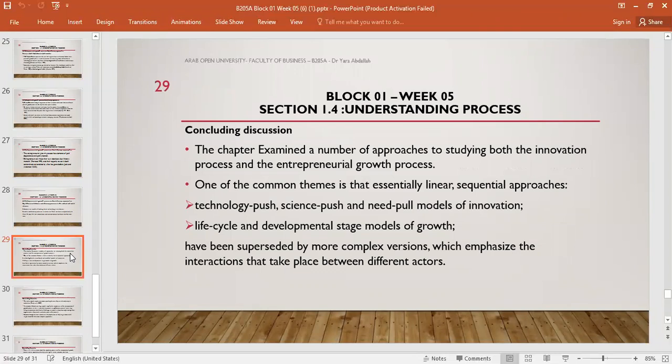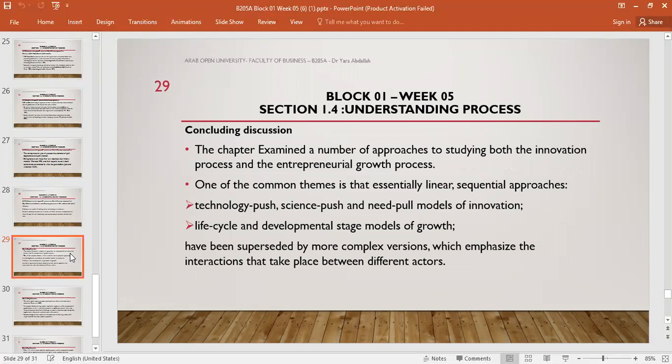Thus, we can conclude from our discussion today that we have a lot of approaches that discuss the innovation process, like the technology push and the science push, the need-pull models, and the third and fourth generation models.